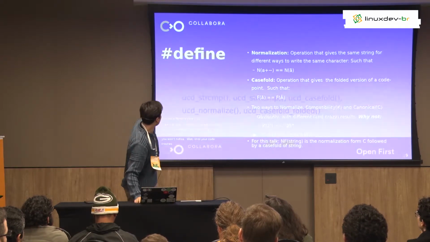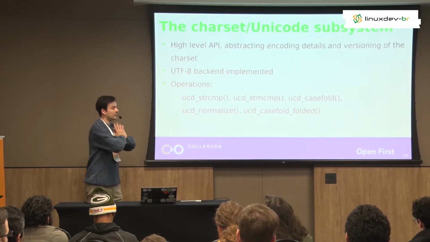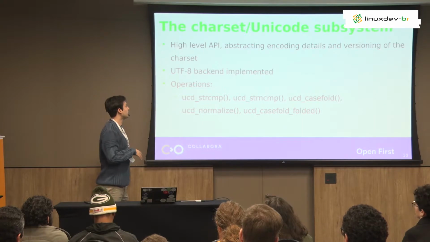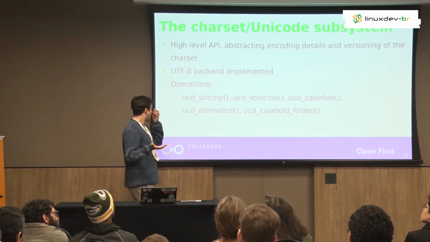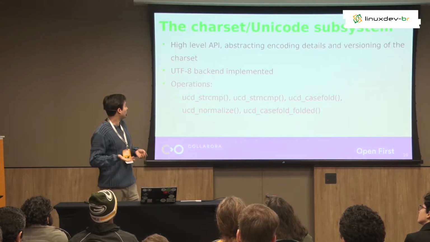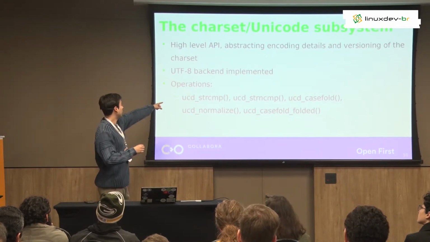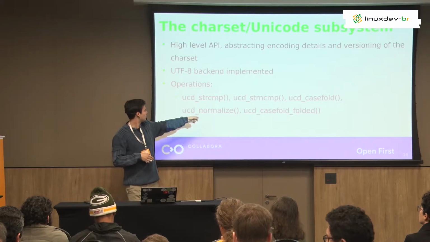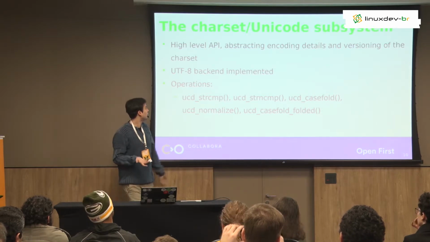Anyway, these are two definitions, and now we have a subsystem. It provides a very high-level API, so as a kernel developer you don't need to care about anything of this. You basically ask for an encoding. You say, I want UTF-8, which is the only one supported, version 12.1, and I want you to convert the string to normalize, and we provide strcomp, strcase-comp, UCD, case-fold, normalize, and case-folded.